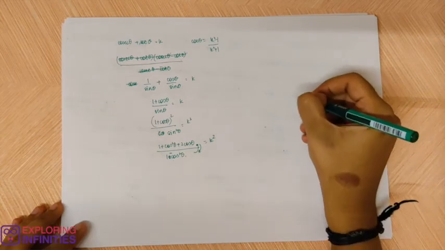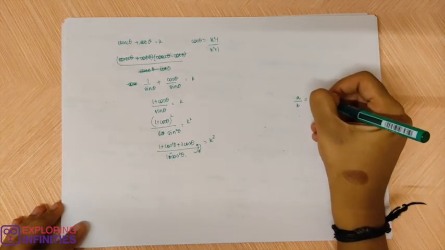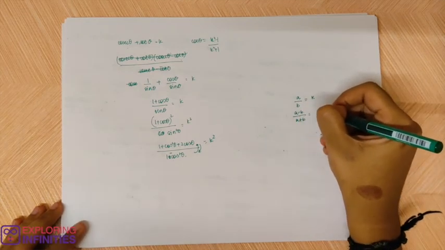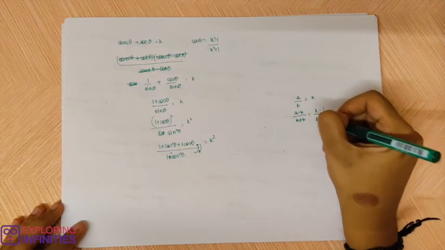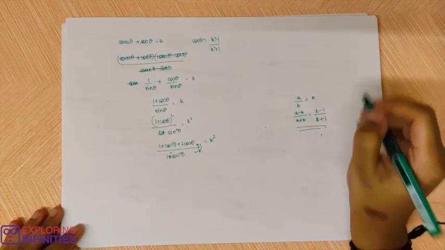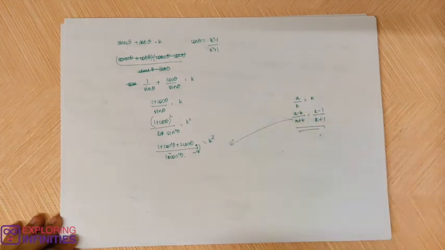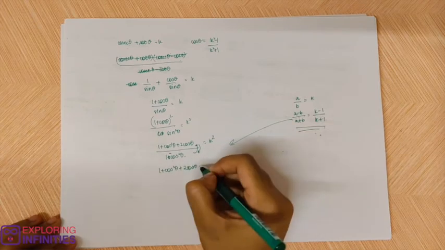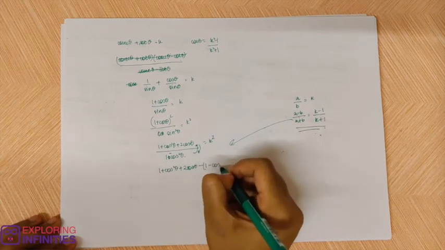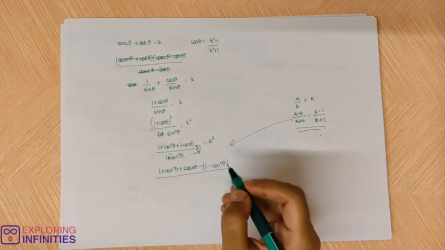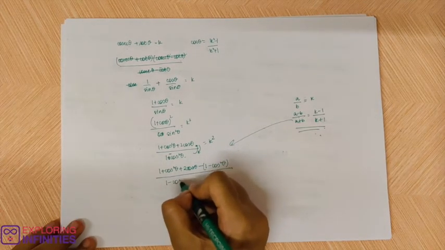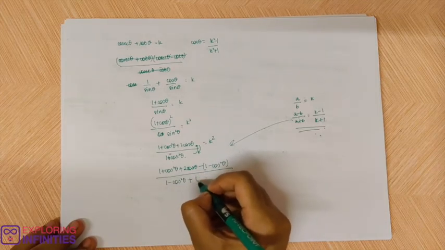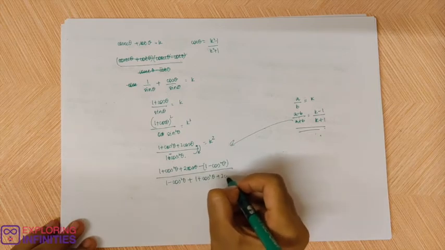So basically, if a by b is equal to k, then a minus b by a plus b is equal to k minus 1 by k plus 1, right? So let's just apply this property here. So 1 plus cos square theta plus 2 cos theta minus 1 minus cos square theta by 1 plus cos square theta plus 2 cos theta plus 1 minus cos square theta.